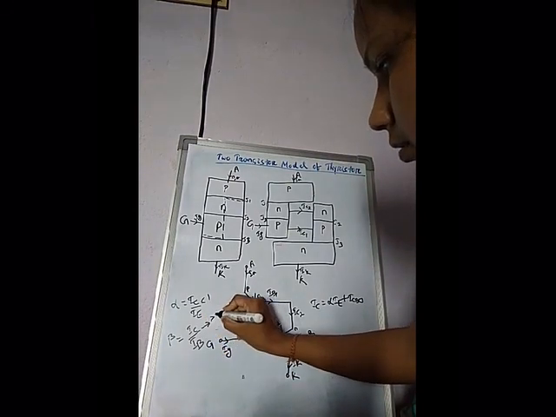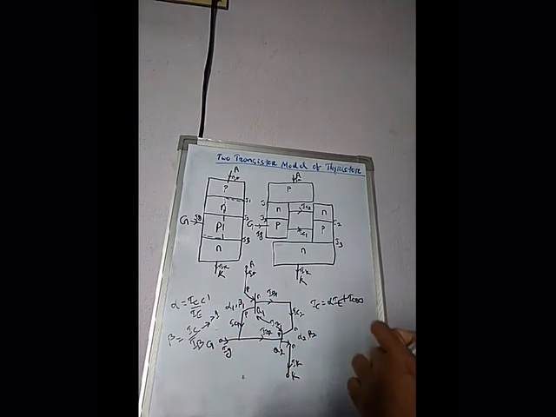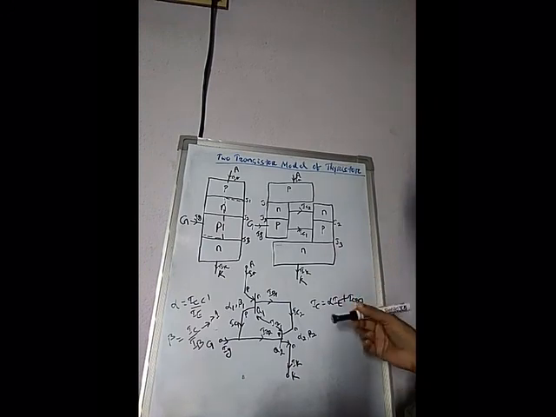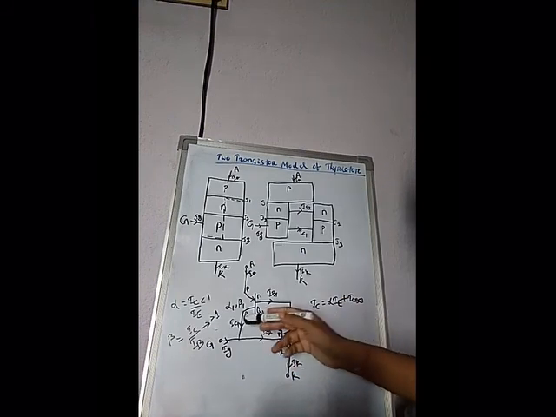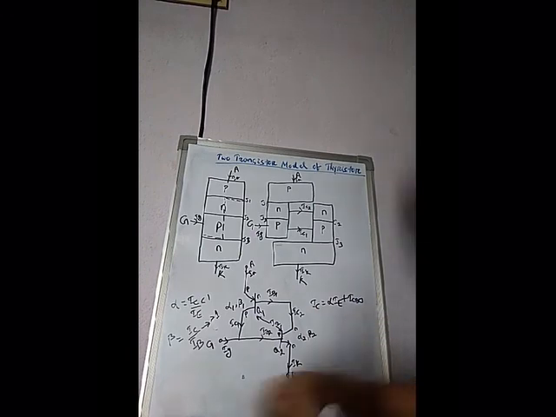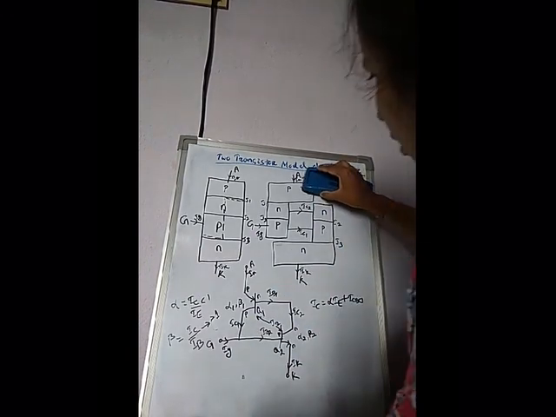Okay. So alpha is the common base current gain, ICBO is the common base leakage current of the collector base junction of a transistor. So I erase this part now.